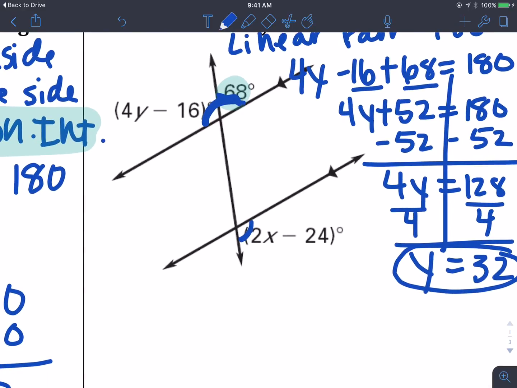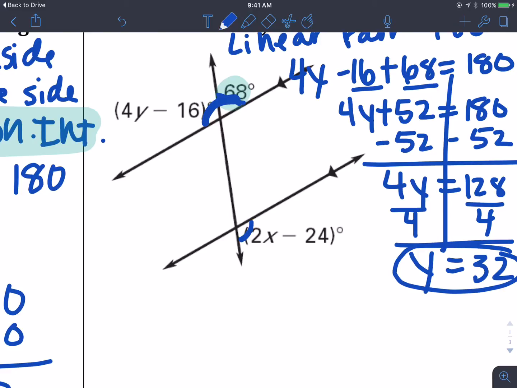So now we need to see how this angle with the x in it is related to the others. It's not any one of our angle relationships with the 68. They're not corresponding, they're not alternate exterior, they're not one we have a name for.